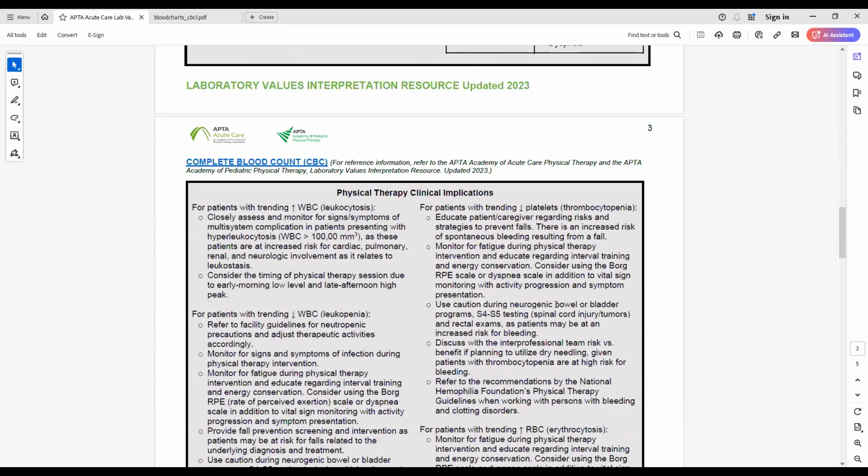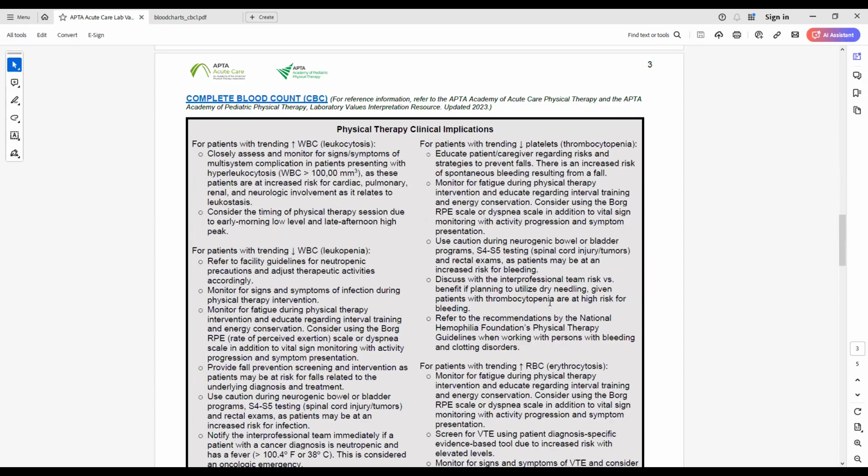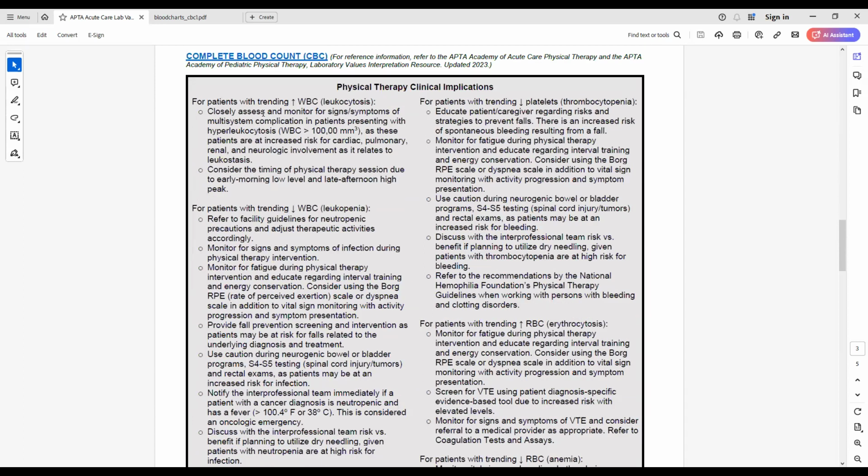So what are the implications for us as physical therapists? For patients with an increase in the number of white blood cells, what we call leukocytosis, closely assess and monitor for signs and symptoms of multi-system complications in patients presenting with hyperleukocytosis, like white blood cells over 100,000 per millimeter squared, as these patients are at increased risk for cardiac, pulmonary, renal, and neurologic involvement as it relates to leukocytosis.